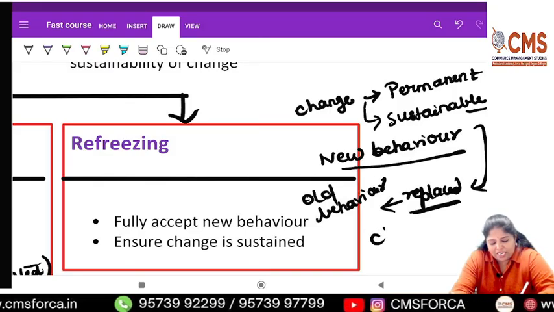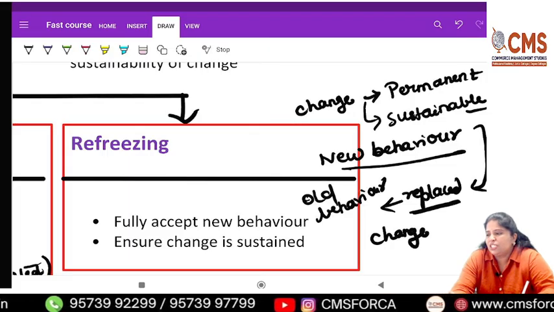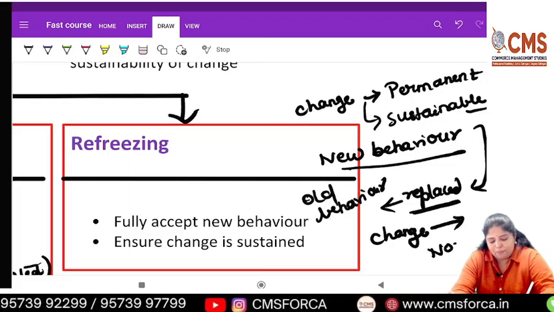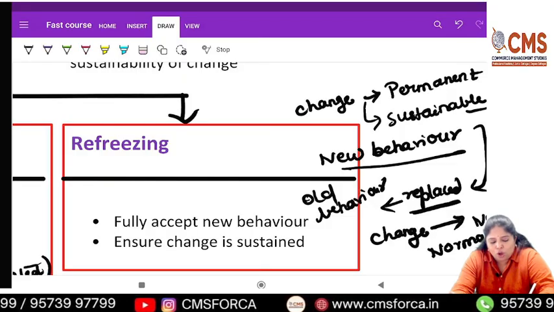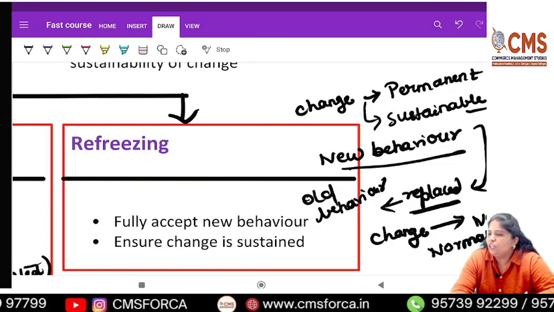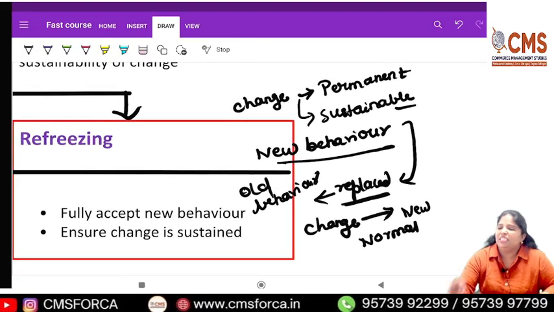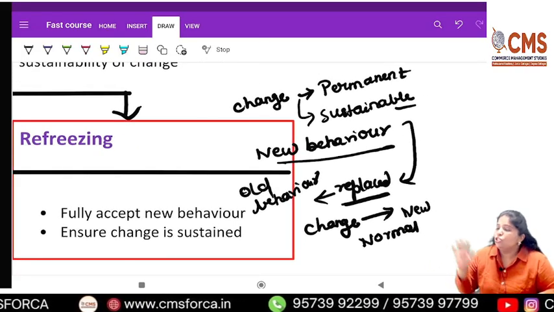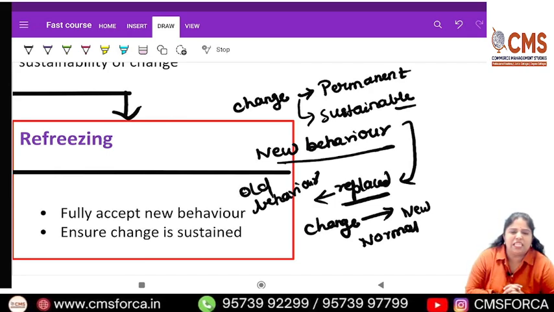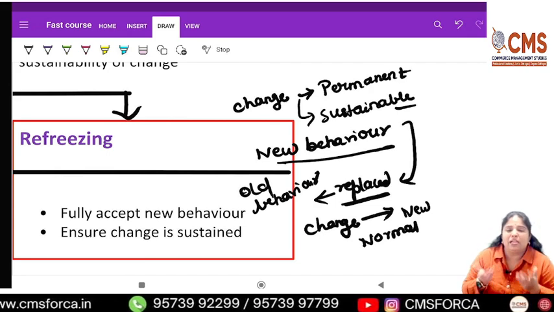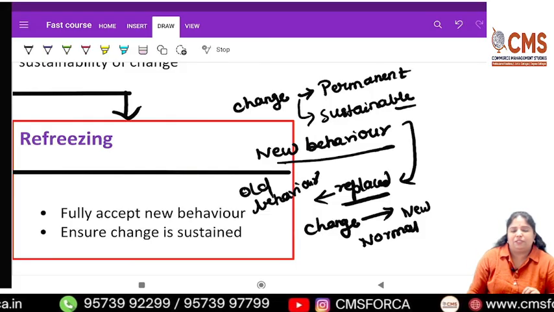The day this happens, the change that we have incorporated becomes your new normal. What do you mean by new normal? The change, whatever you made, is no more a new concept. It doesn't fancy you anymore. It becomes your normal activity.